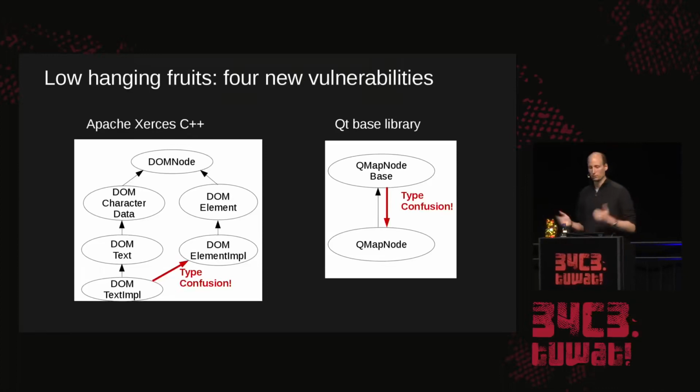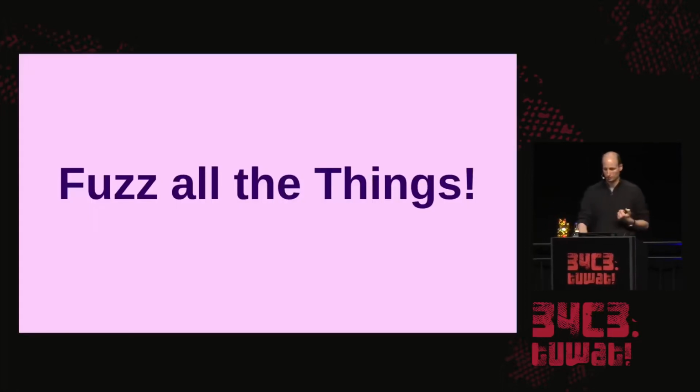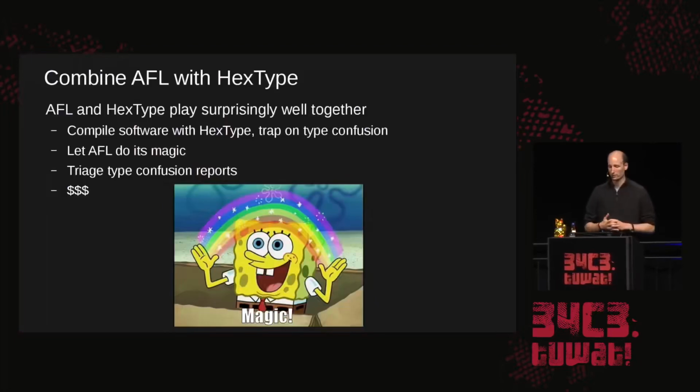This was step 1, and we found a bunch of different vulnerabilities, but we wanted to go further. So a couple of weeks before the Congress, we started to fuzz all the things. As it turns out, you can combine our type safety mechanism with AFL.